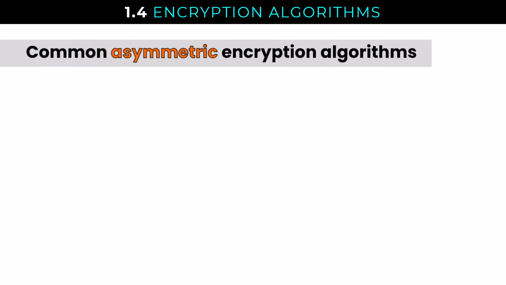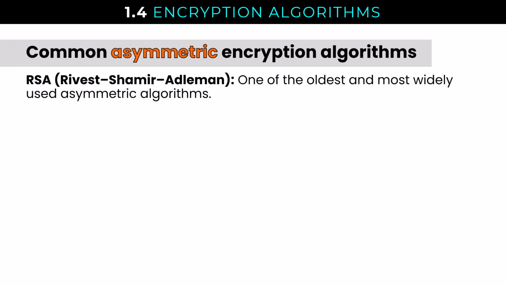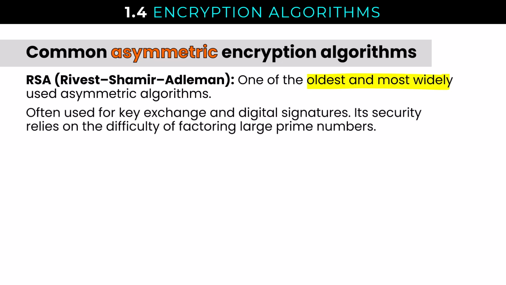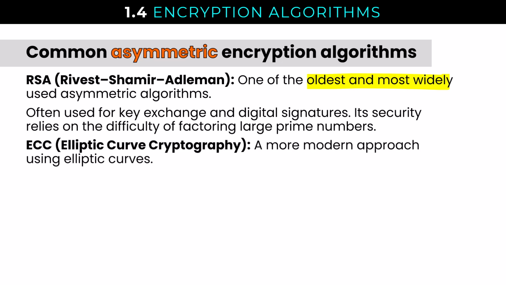So how about some asymmetric encryption algorithms? We have RSA, one of the oldest and most widely used asymmetric algorithms, named after its creators, often used for key exchange and digital signatures. Its security relies on the difficulty of factoring large prime numbers. Then we have elliptic curve cryptography, or ECC, which is a more modern approach using elliptic curves.